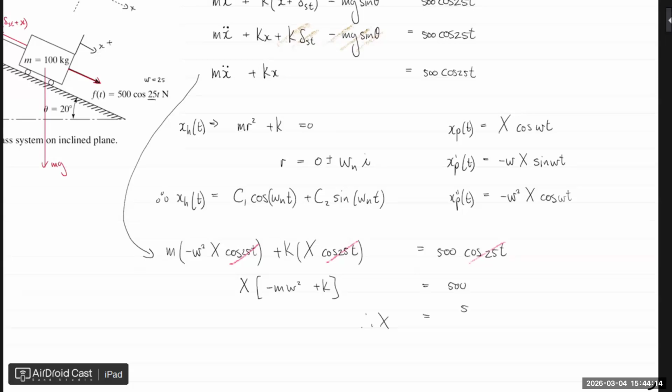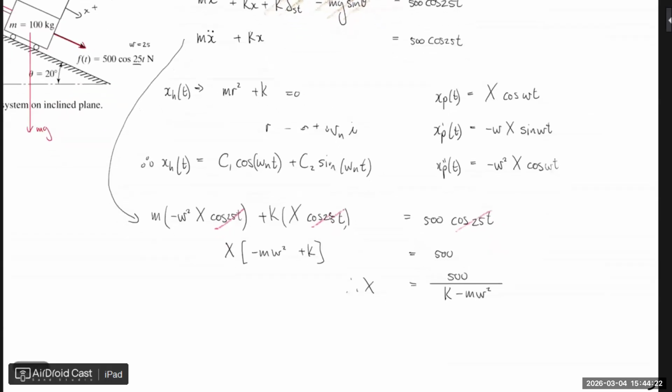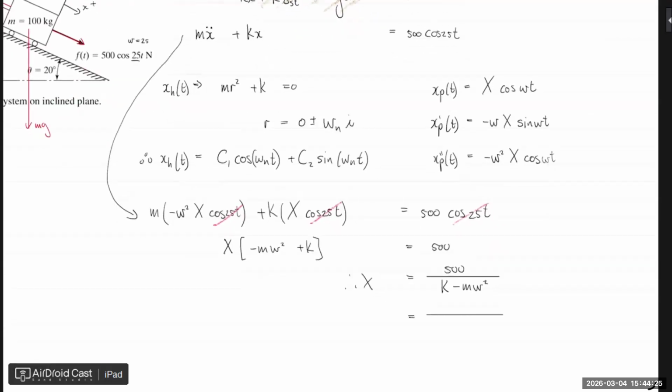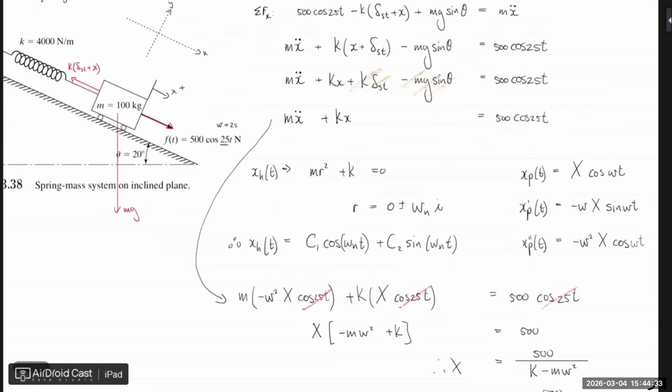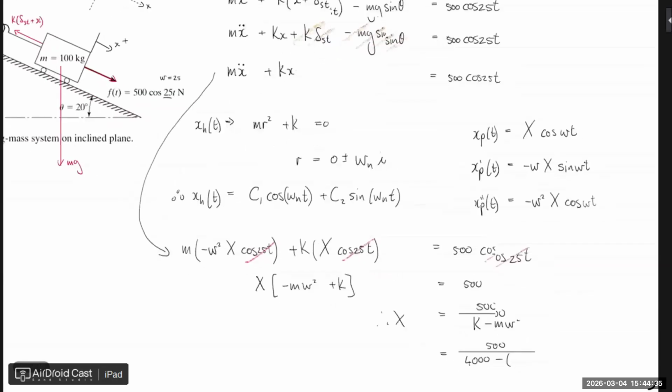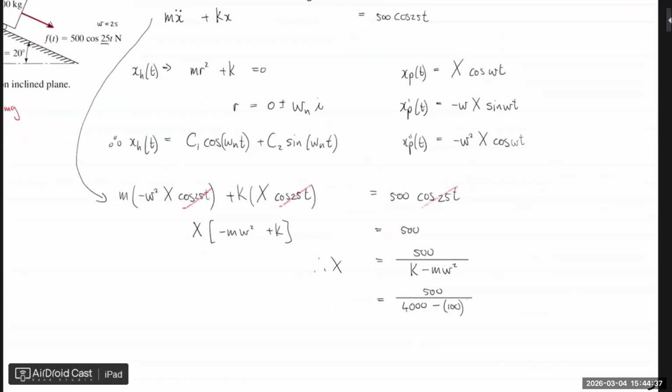So X alone is 500 over k minus m omega squared. And we have all the values that we want. It's 500. k is 4,000. The mass was 100. And the omega is 25. And then you have the value, a negative value.